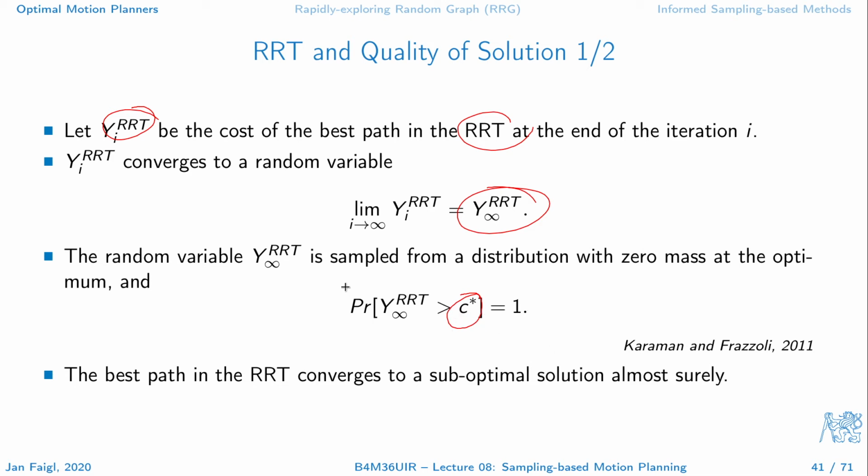Karaman and Frazzoli showed that for particular cases, the RRT algorithm with probability 1 never provides an optimal solution. So the best path in RRT converges to a suboptimal solution almost surely. That's the interpretation. So what does it mean? In many cases, probably very small problems, this is a feasible path, not the optimal.